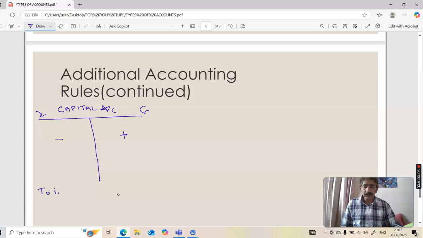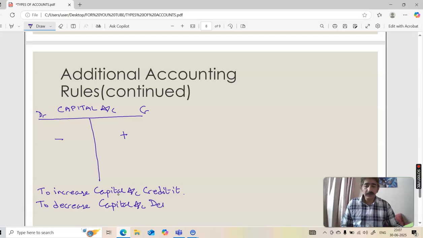To increase capital account, credit it, and to decrease capital account, debit it.